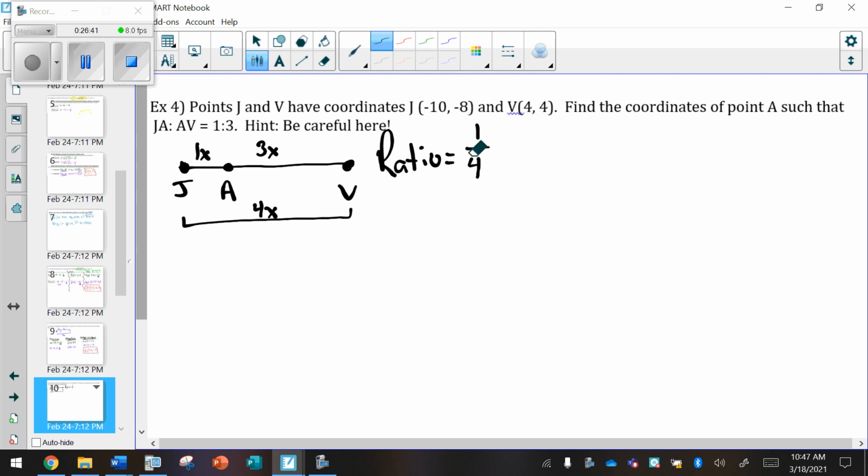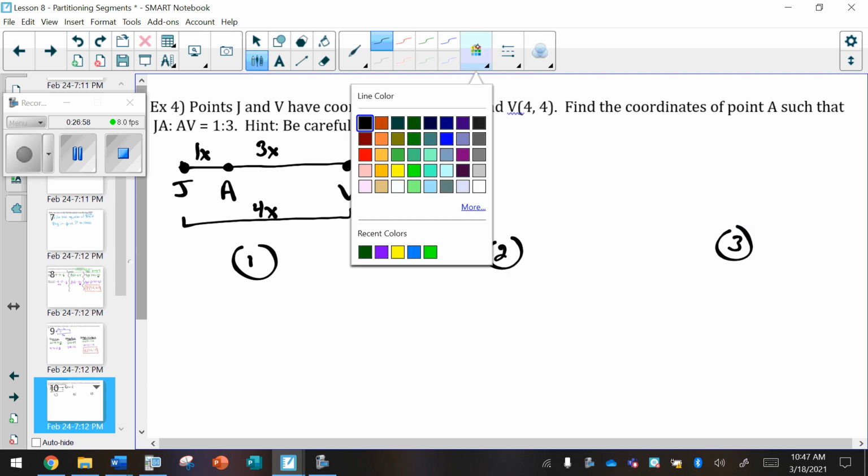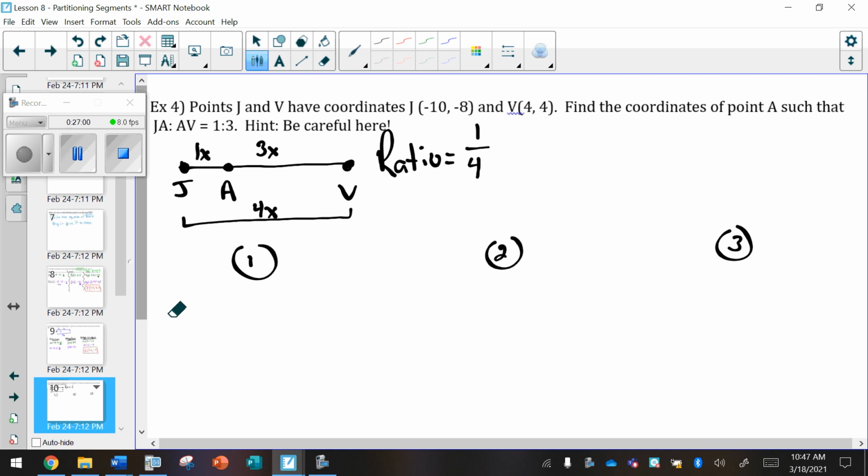This is why you have to be very careful of the segments that are being used in your calculation. But once we have that sorted out, the steps are the same as in the previous couple examples. 3 parts to our calculation. So let's get to it.